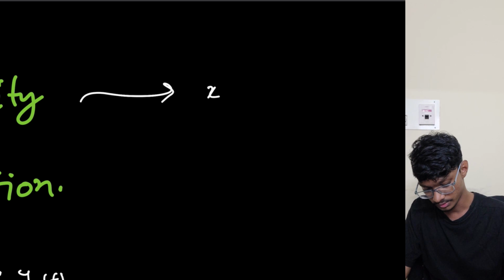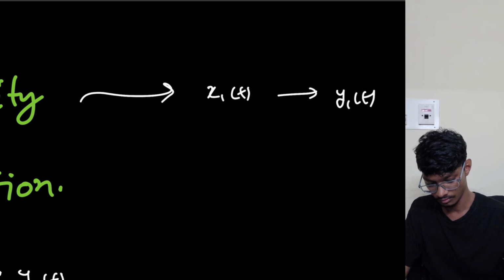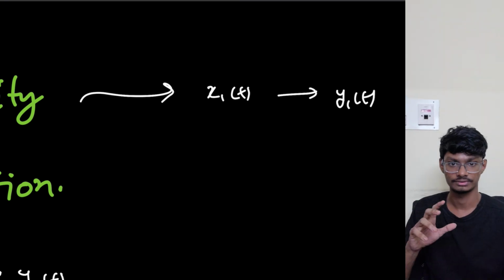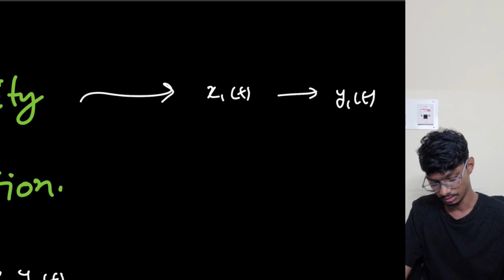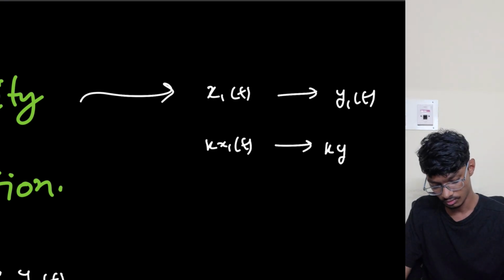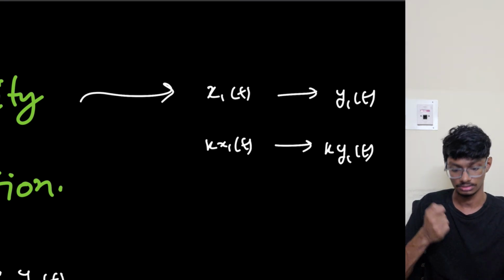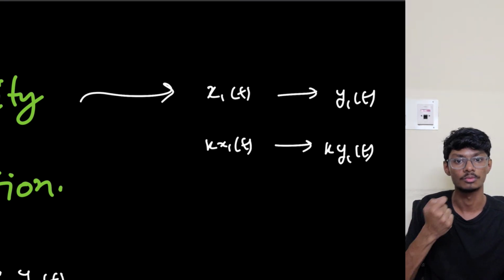So if I give input x1, we get output y1. Now if I give input k times x1, what we get as output is k times y1(t). If we get the output as k times y1(t), then this follows the principle of homogeneity, right?